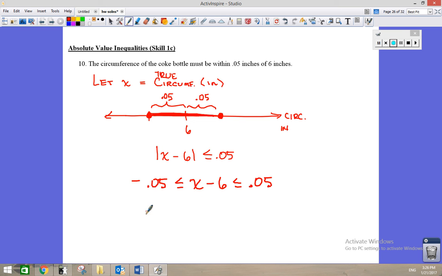So 6 minus .05 is 5.95, and 6 plus .05 is 6.05, and that's in inches. So as long as our Coke bottle is within 5.95 inches and 6.05, if it's in this range of values, including the endpoints, we're good to go. We're not going to reject it. If it's different than that, we're going to reject it.